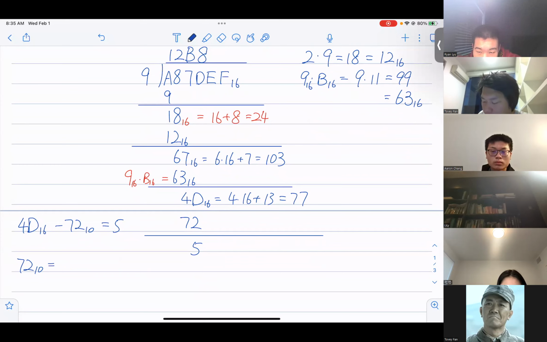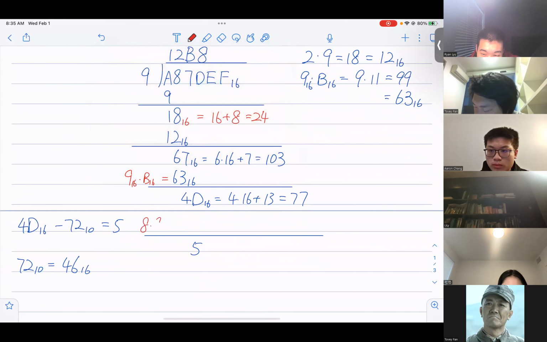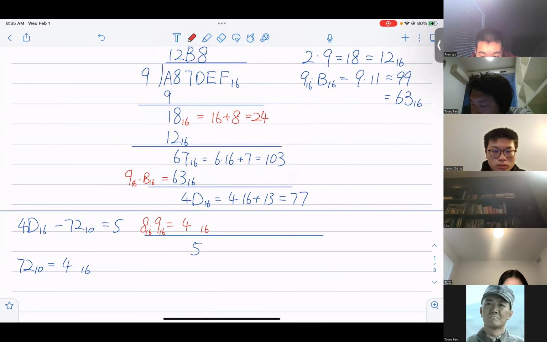Okay, because 72 in base 10, you're going back to 16. That's 4, right? 4 times 16 is 64, and then remainder is 6. So 4, 6 in base 16. So notice that I'm gonna write down here. If you do 8 times 9 in base 16, that's going to be 4, 6 in base 16, and you see D minus 6. 怎么不对啊？Sorry，我看看啊，64加几啊？是48，写错了，对吧？64加8是72。Okay.